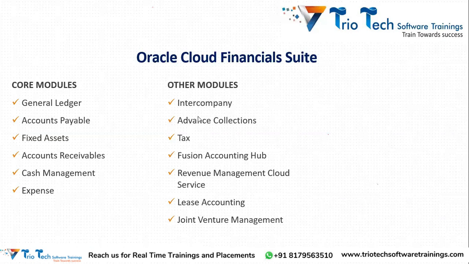They would want these additional processes carried out, and therefore they will procure the licenses for the other modules as well. Some come with the licenses procured for SaaS applications, the general core modules, but some have to be procured additionally.